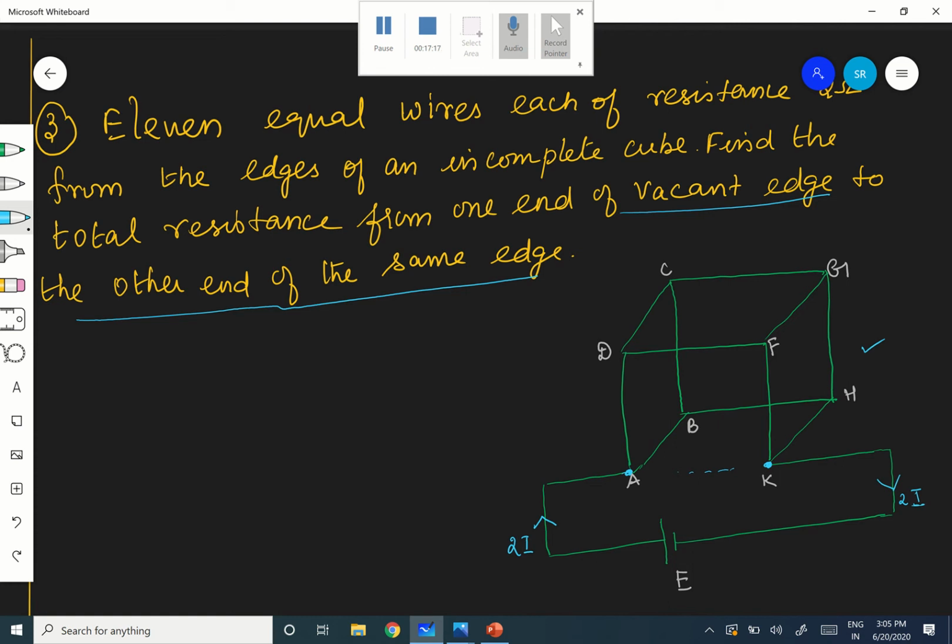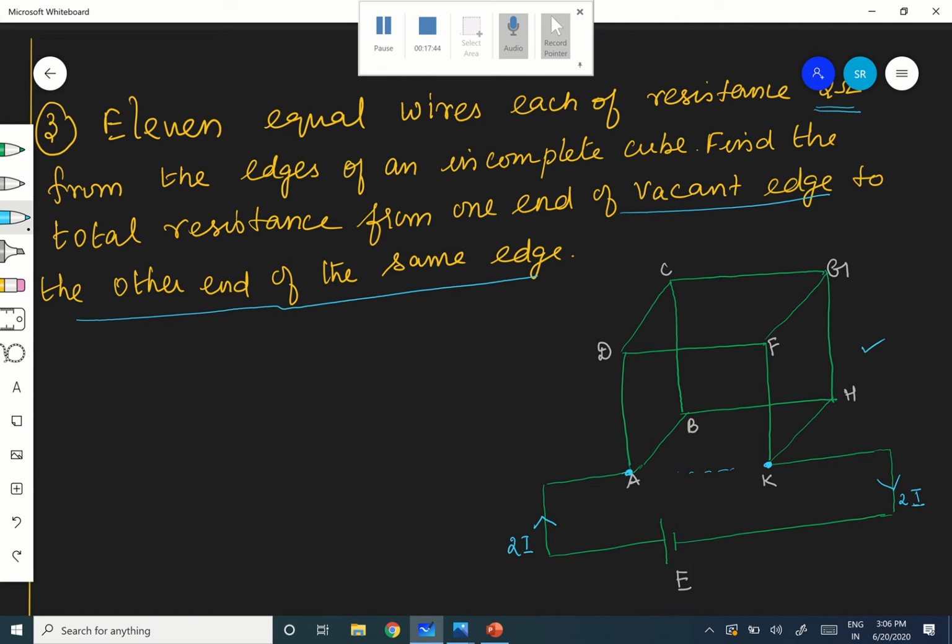Now see here, it is very important. Every branch, AB, AC, whatever it is, has 11 wires, each having a resistance of 2 ohm. So AB is 2 ohm, AD is 2 ohm, DC is 2 ohm. Every side here has a resistance of 2 ohm.